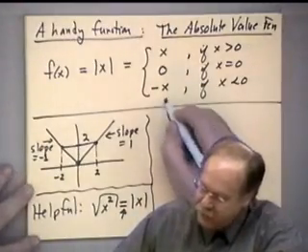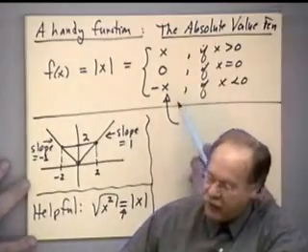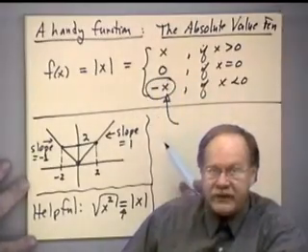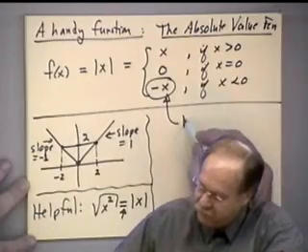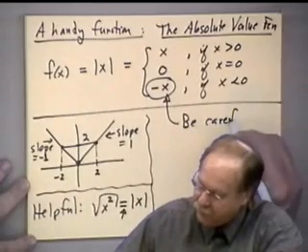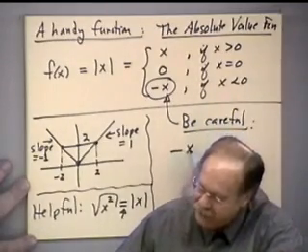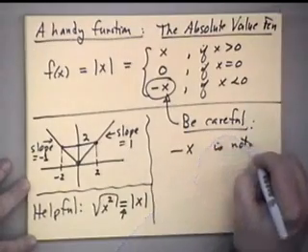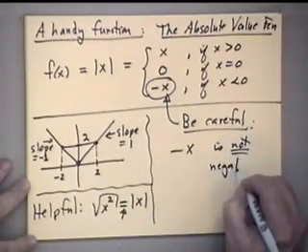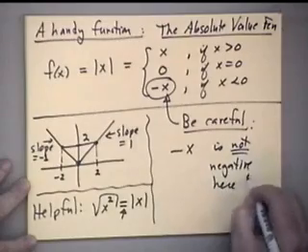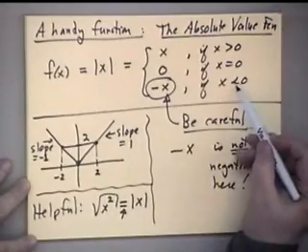Lastly, let me point out something that students need to be aware of. Here I have written minus x. Be careful. Minus x is not negative here, because x is less than 0.